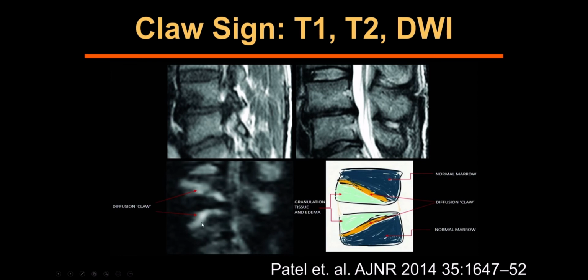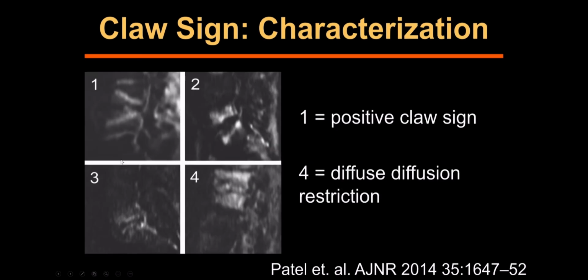This is a positive claw sign. This implies degenerative disease. Okay? And then he went through and he had different classification systems. This is about what we would expect in a disc space infection. Abnormal disc, abnormal vertebral bodies, abnormal end plates. This is the claw sign.